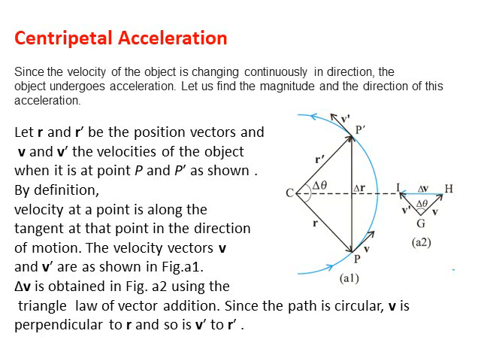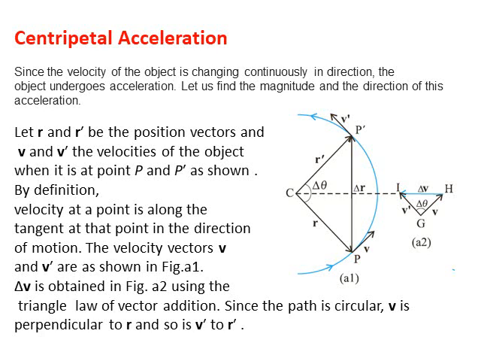In figure A2, using the triangle law of vector addition, as the path is circular, V is perpendicular to r and V dash is perpendicular to r dash.